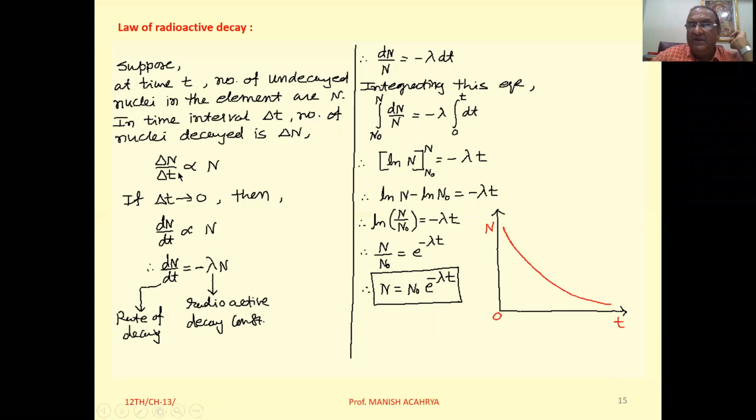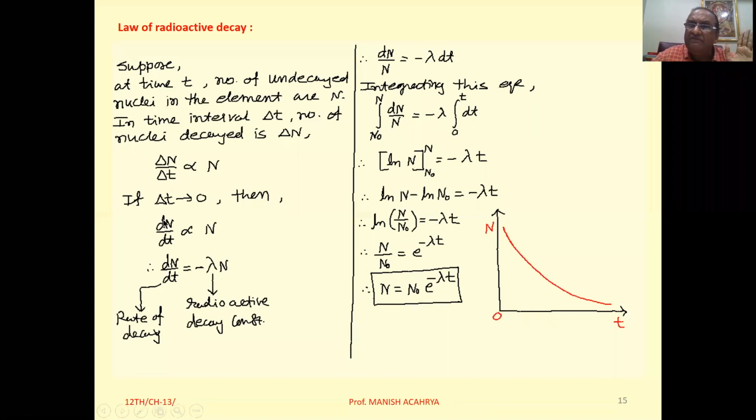So delta N by delta t, the rate of decay, or the number of nuclei decayed per unit time, is directly proportional to the number of undecayed nuclei in the element.